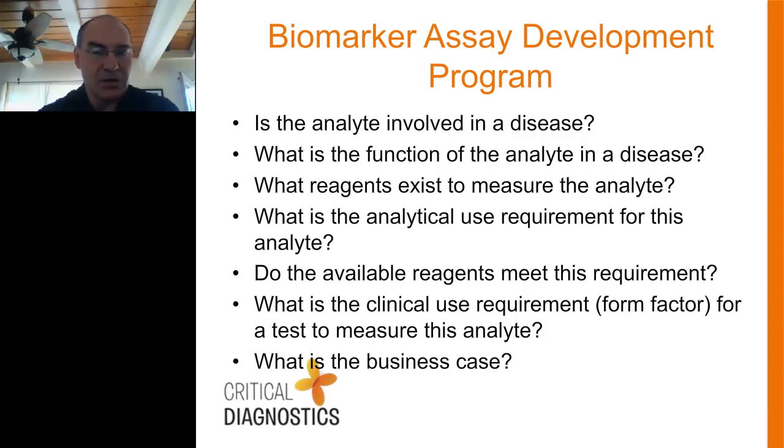For instance, you're probably familiar with tests for cardiac conditions like a myocardial infarction. And in the laboratory, a very typical test for an MI is troponin. Troponin is a very low concentration analyte, so those tests have to be very sensitive. Other tests have much higher concentrations of their analyte and don't require that sensitivity.